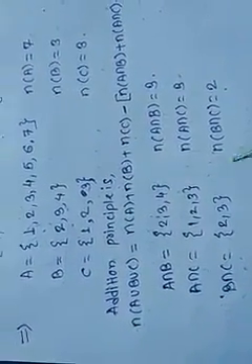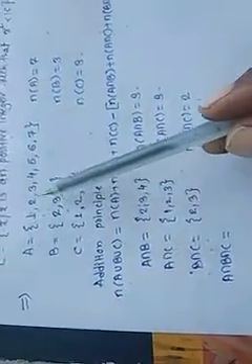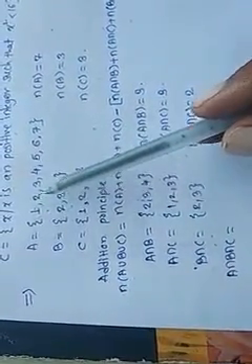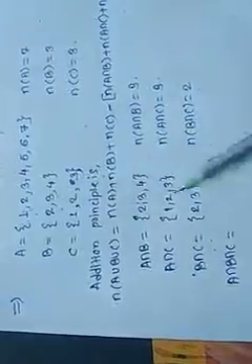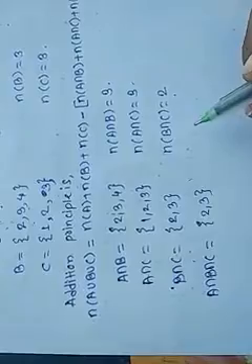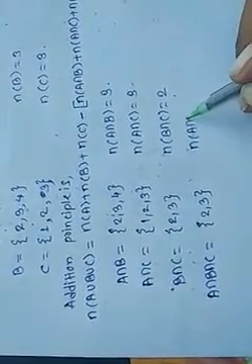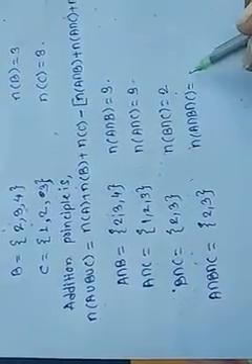And common to all 3 sets, A ∩ B ∩ C: the common elements from the 3 sets are 2, 3. So n(A ∩ B ∩ C) is equal to 2.